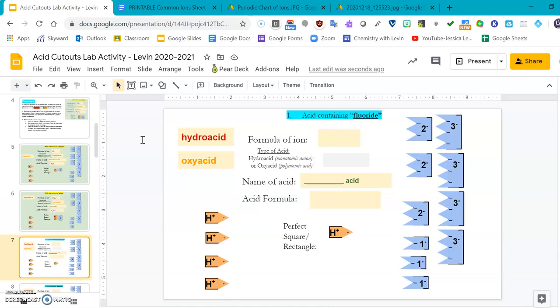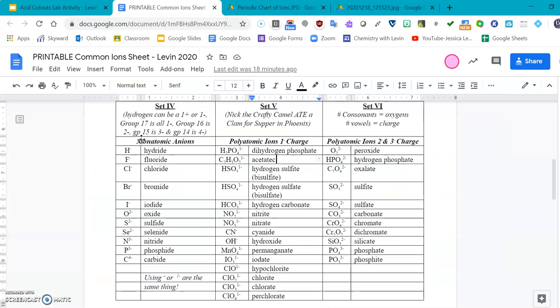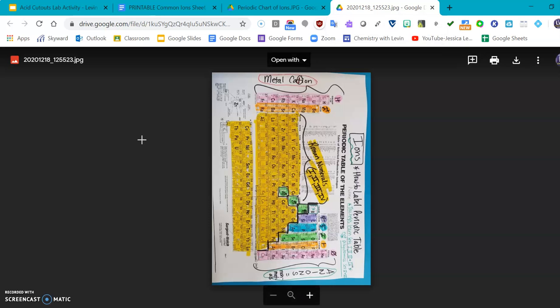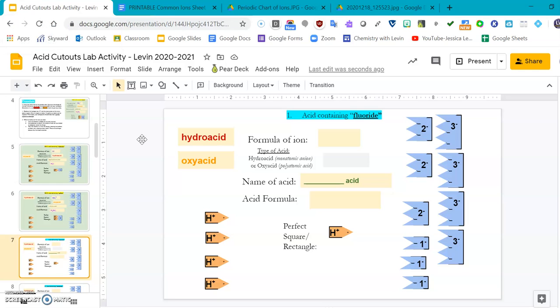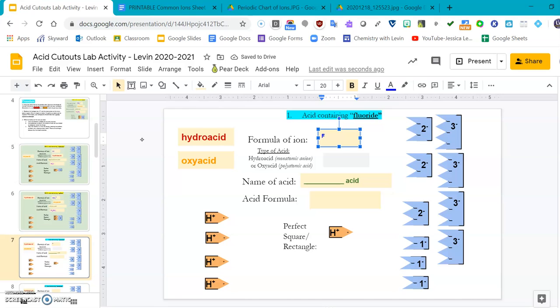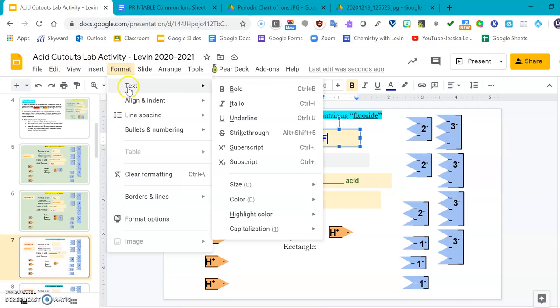An acid containing fluoride. IDE means it's just an element. So I can either come here to find fluoride as F minus, or I can go to the periodic table and I see that F is in that 1 minus range right here. I write and click in here F, and then superscript. It's going to be format text superscript or selecting Control period.